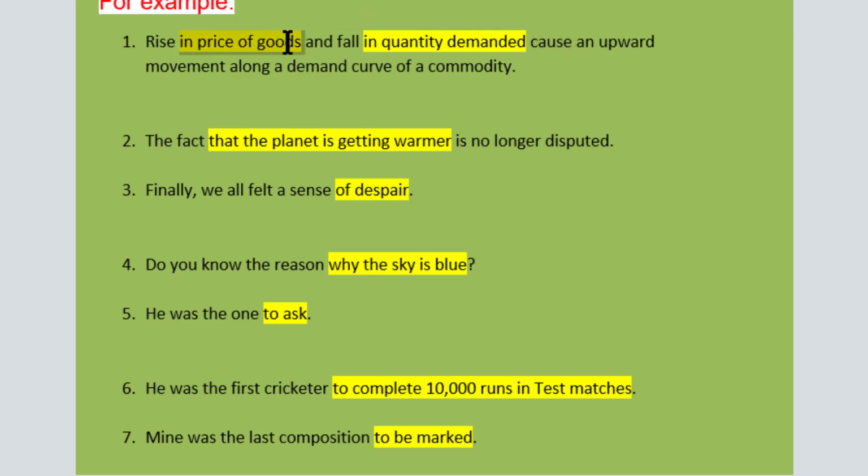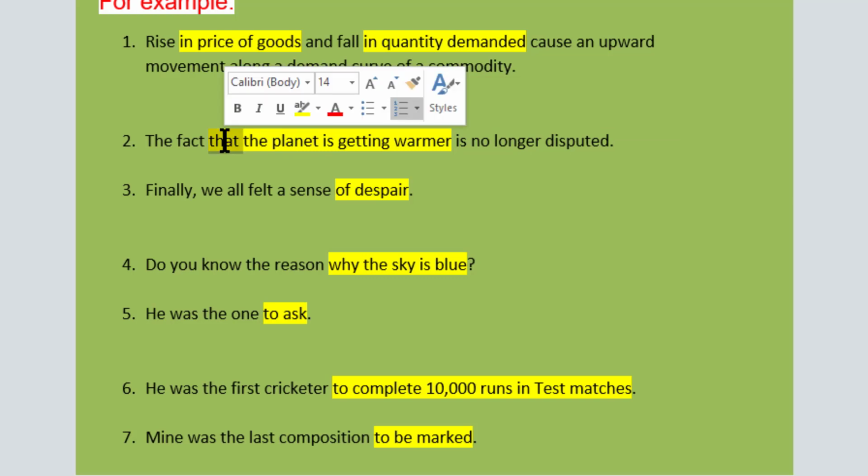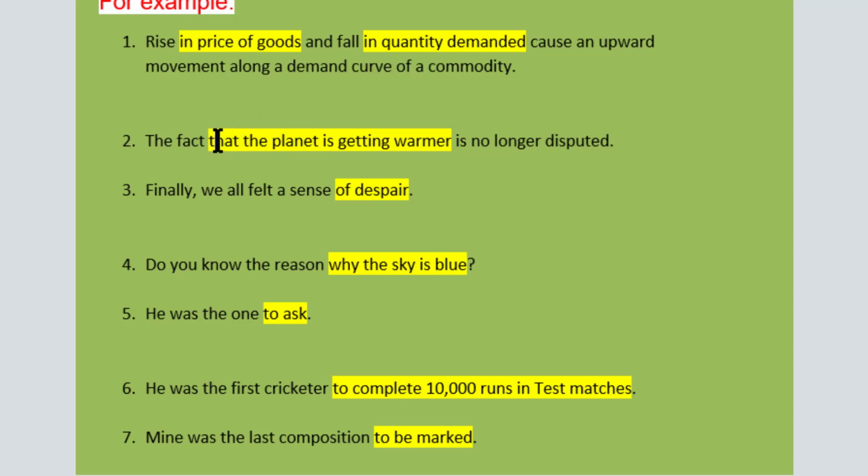See the next example. Here the complement is a clause, and this clause is a relative clause. In relative clauses we have a relative pronoun; here we have that. Here that is used in place of the previous noun or antecedent, fact.